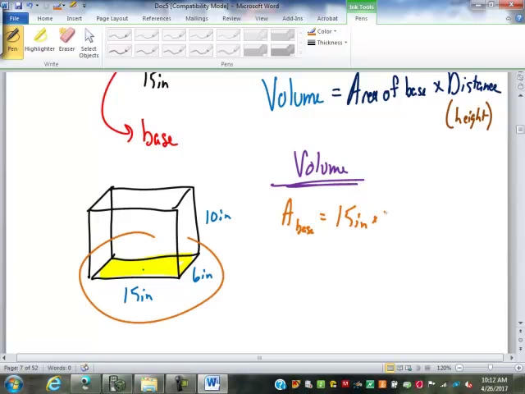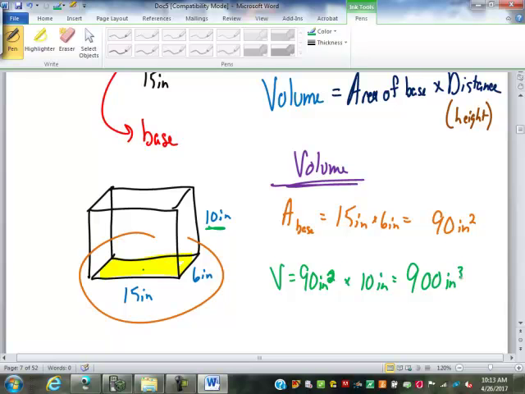It's 15 inches by 6 inches. 15 by 6 makes 90 inches squared. So that's the area of that base. My volume is then that area of the base, 90 inches squared, times the height of 10 inches. So that's 900 inches squared times inches is inches cubed, or cubic inches.